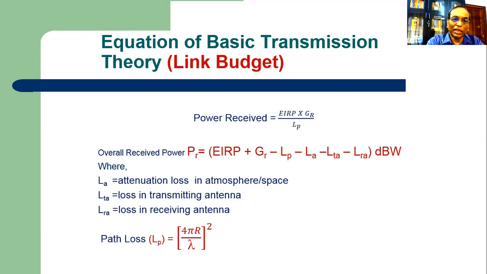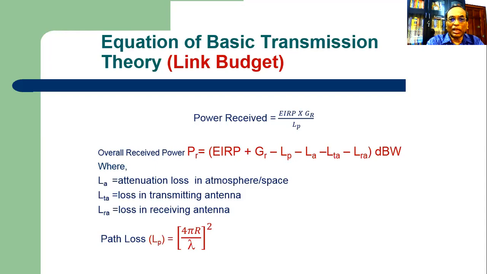So L is the attenuation loss. LP is the path loss, which is equal to 4 pi r divided by lambda whole square. This is the path loss. LTA is the loss in the transmitting antenna, and LRA is the loss in the receiving antenna.